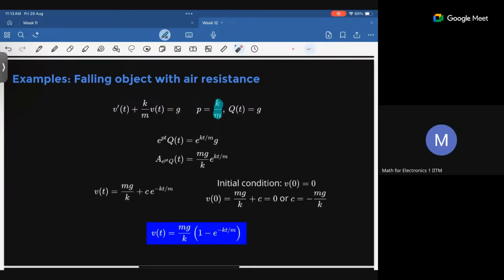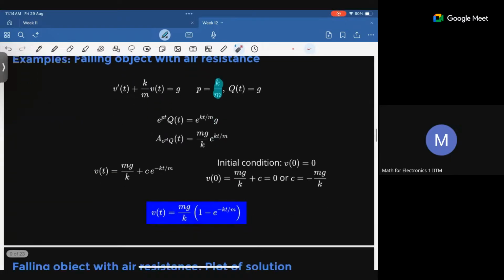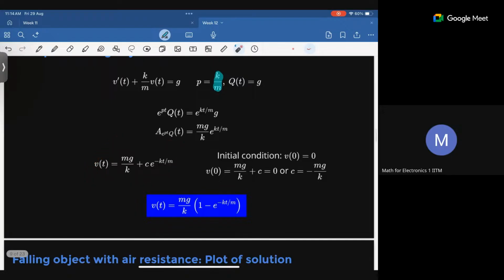So if I compute this e power pt into q of t, or e power px into q of x, which will be e power k by m t into g, I have to find its antiderivative first. Once I have its antiderivative like this, all I have to do is take this antiderivative and substitute it here. If you substitute it, ultimately we'll get this, right?